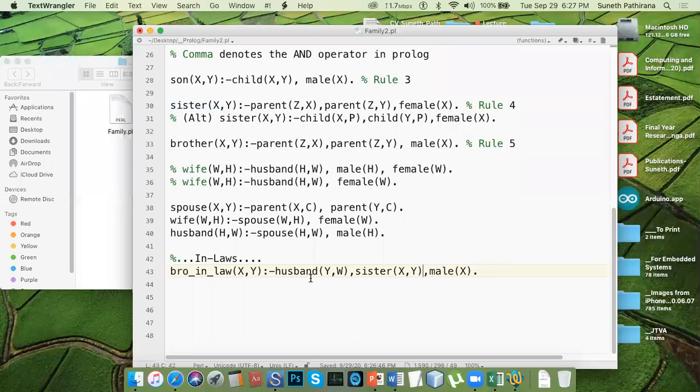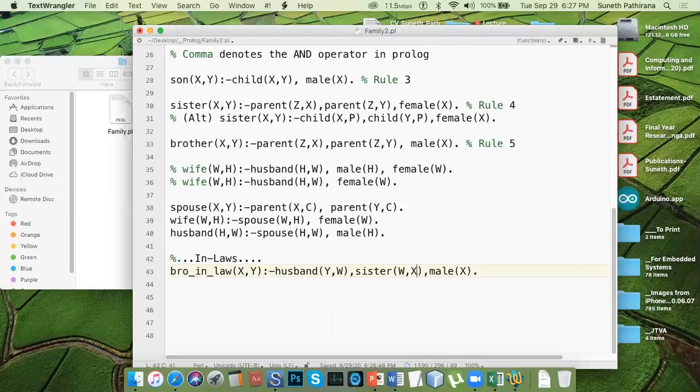Then Y is the husband of W. Then this W must be the sister of whose?